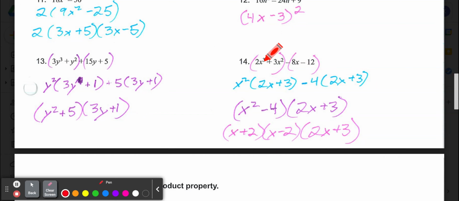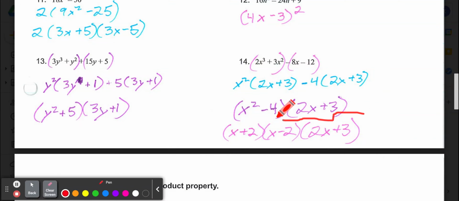14. We group the 2x plus 3 and the 3x squared, and we can factor out an x squared, leaving me with 2x plus 3. Then in the next part, we have a negative 8x minus 12. So I can factor out a negative 4, leaving me with 2x plus 3. So then on the exterior, x squared minus 4 becomes x squared minus 4 for my first binomial, multiplied by 2x plus 3.